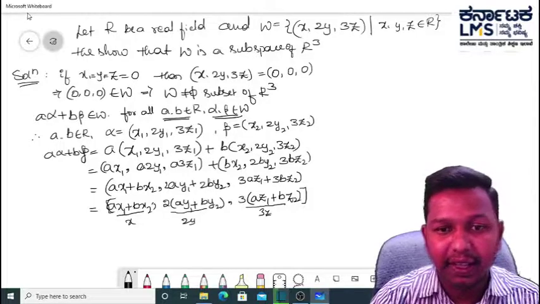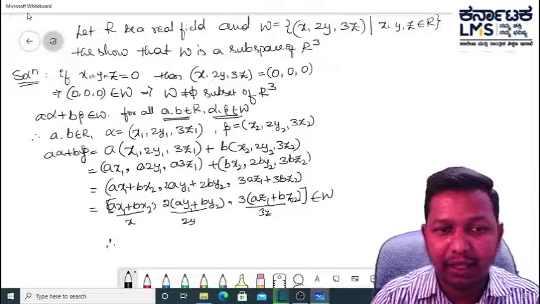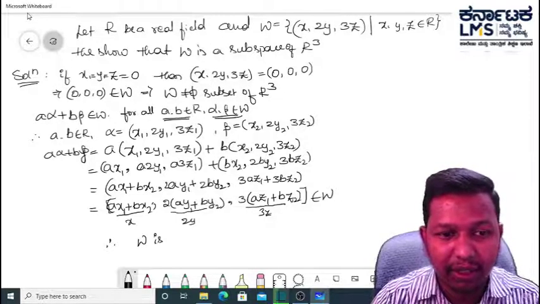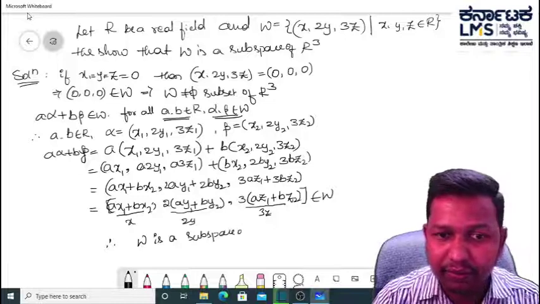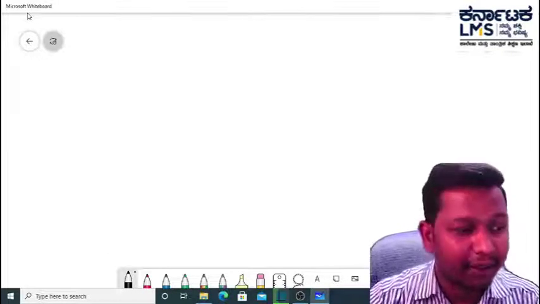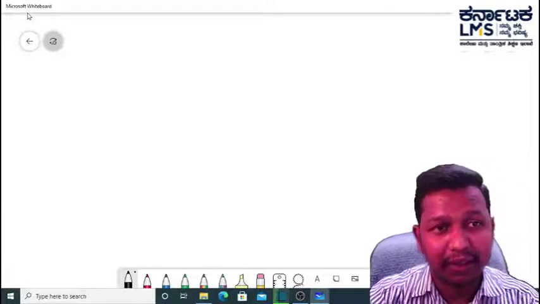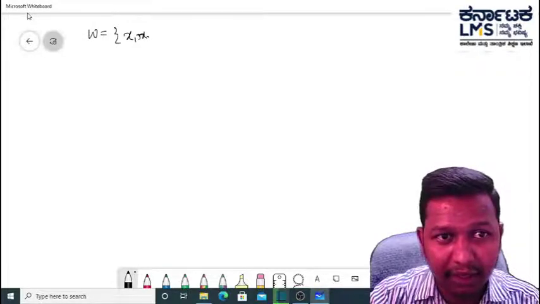Therefore, this is again an element of W. Hence, we can conclude that W is a subspace of R3.